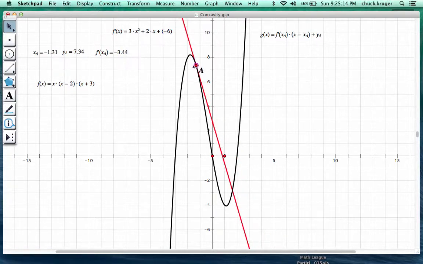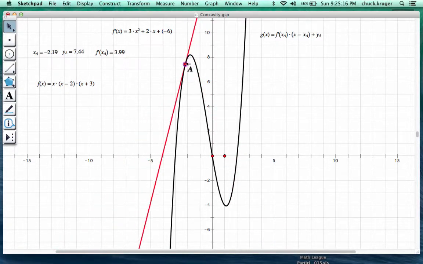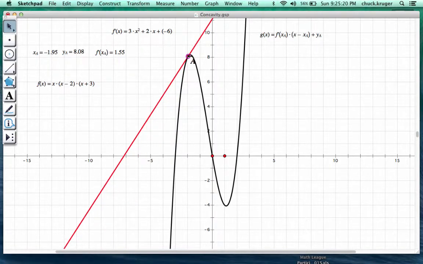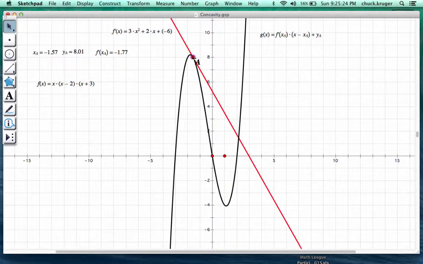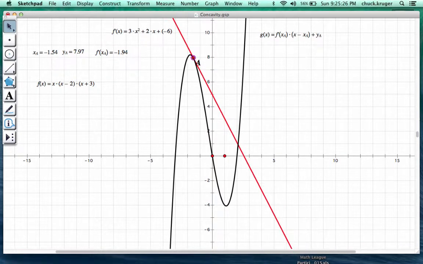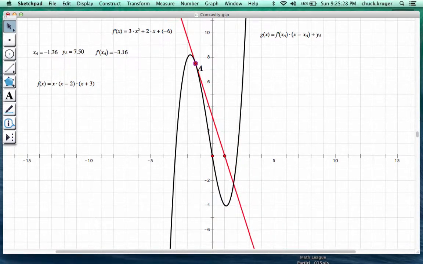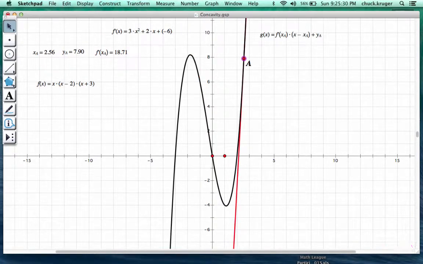As I turn, it's still above, and then I'm going to come down in this direction, and I'm going to slow it down a little bit here. And right here, again, it's above, but then if you watch this tangent line, something unique happens.